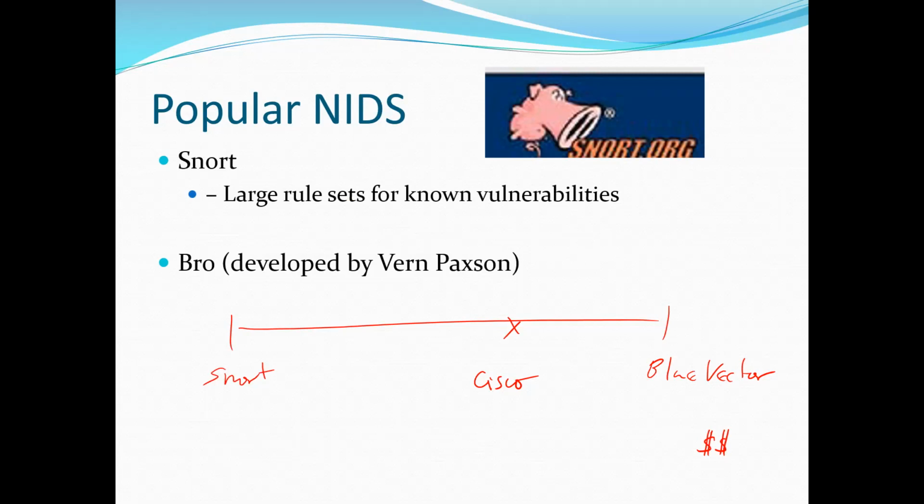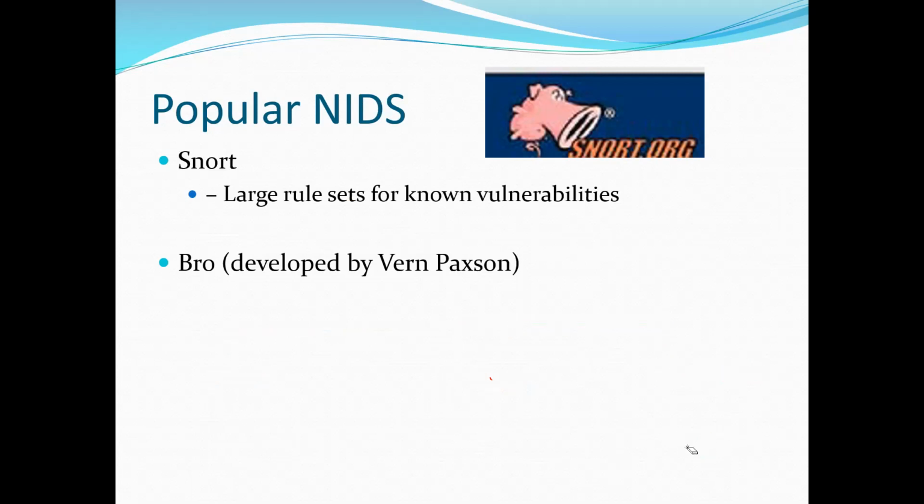All right, now that we've talked about all of that, we are ready to talk specifically about, let's say, Snort or some intrusion detection systems. A popular one is Bro, developed by Vern Paxson. We're not going to talk about it in this class, but you can check it out as well. Instead, just to keep it simple, in Linux, we can easily install Snort and get a feel for it in the lab, right?